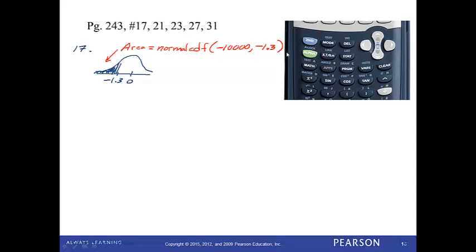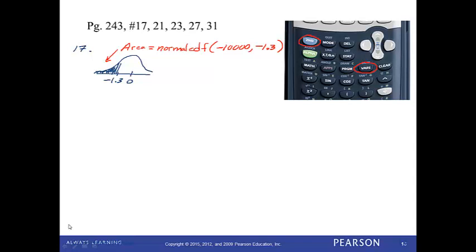So in our calculators, we're going to go to the second VARS. So remember, here's your second key, and then VARS. This takes you into your distribution. Once you're in there, the second option should say normal CDF. We will never use normal PDF. It has to be CDF.